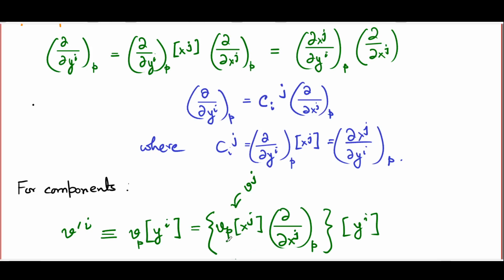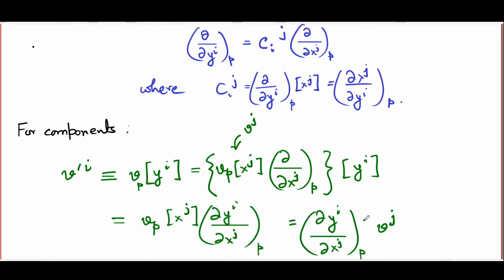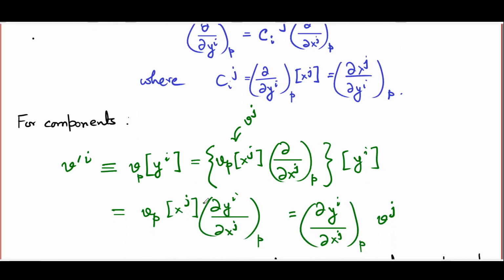Now, this expression Vp xj or Vj times del del xj at p acting on yi is simply Vj with del del xj at p acting on yi. Vj's are just numbers, they come in for the ride. And so what we have is del del xj at p acting on yi, which, as we have said, our standard shorthand is del yi del xj.